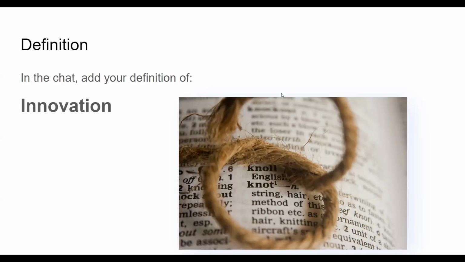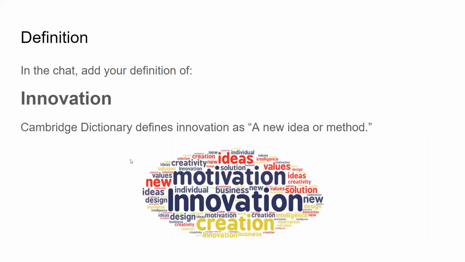So in order to frame what we're talking about here, we want to all start with sort of a standard definition. And so the Cambridge Dictionary defines it as a new idea or method. And so that really is super broad. So innovation can be anything that we want it to be, right? And one of the nice things about what we're doing here is that we're working within something that continues to innovate.